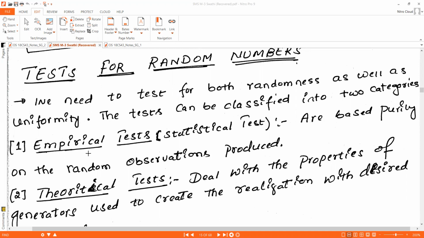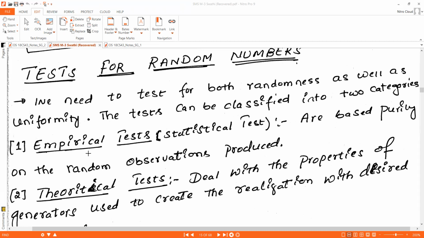Here we need to find whether the random numbers follow the properties of random numbers, that is independence and uniformity. If a random number follows the property of randomness as well as uniformity, then only we say it is a random number.